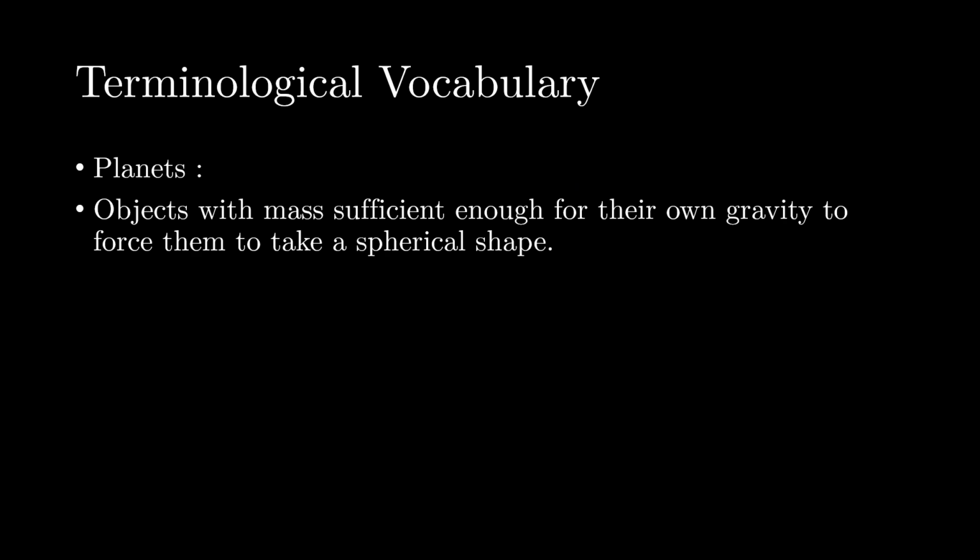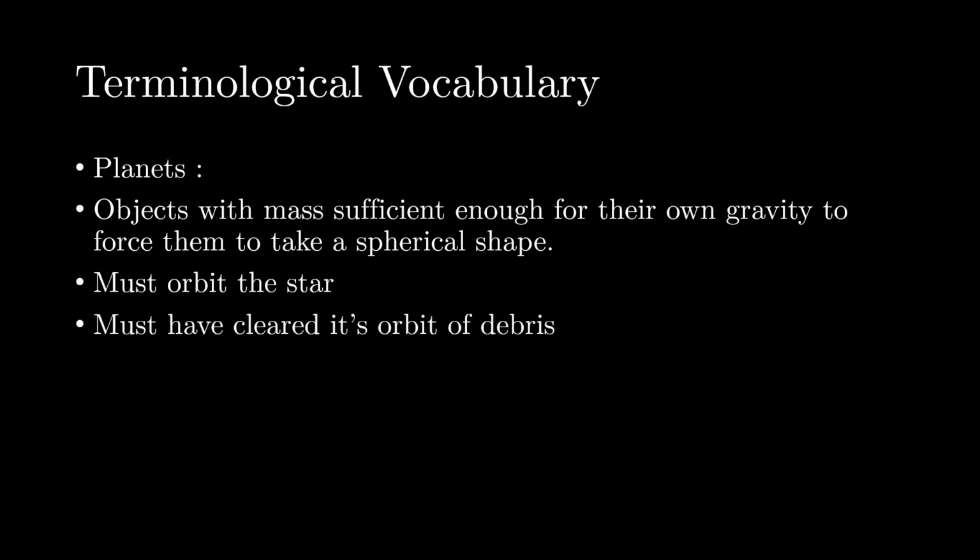The second requirement for a planet is that it must orbit a star. So in our case, the only star that's nearby us is the Sun. And the third requirement is it must have cleared its orbit of debris. So when a planet is orbiting the Sun in this case, there's going to be just rocks and debris in its orbit, and if it hasn't cleared its orbit, then it's not considered a planet.